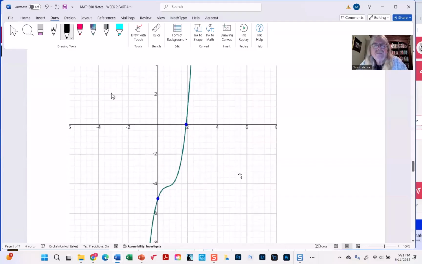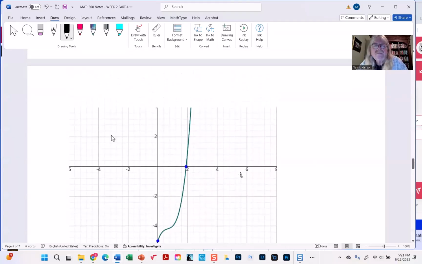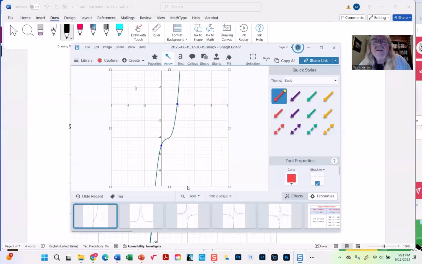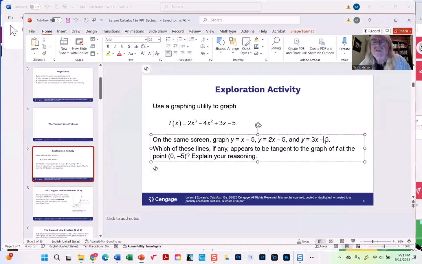Hmm. Okay. So in other words, here's what we're looking for. We're looking for the equation of the line that just touches the function at that point. Now that's a very steep line. I would be inclined to think that it would be this last one.